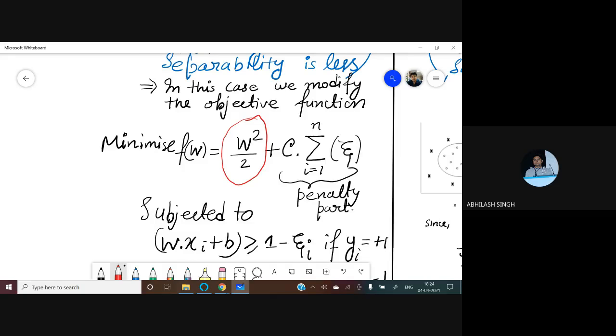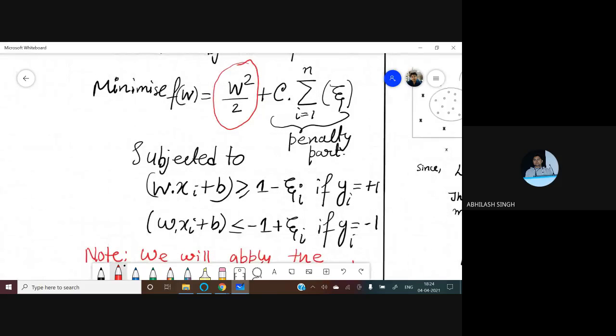Earlier we had this part only for the equation of the decision boundary. We have relaxed the boundary with the slack variable zeta i in both the cases, both the decision boundaries, and we have multiplied the complete thing.